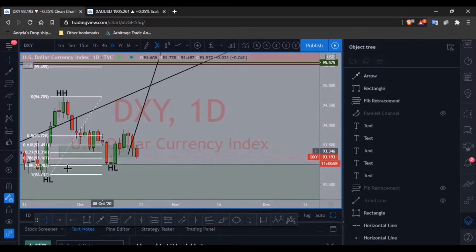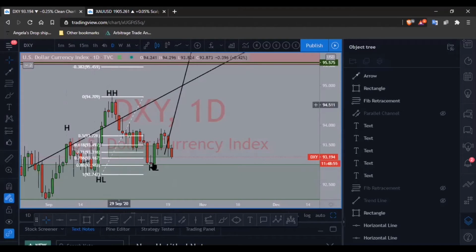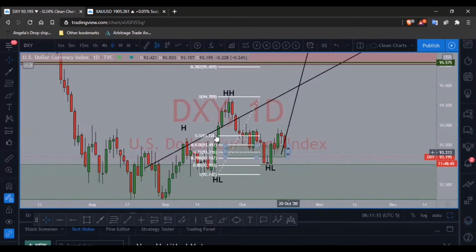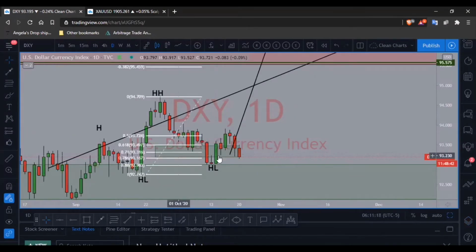Price came and rejected off of the 88% fib, which is close to the 90% fib, and then it went bullish and it's still in my buy area. So I'm still watching the DXY to go bullish, but again, current price action is stating otherwise.